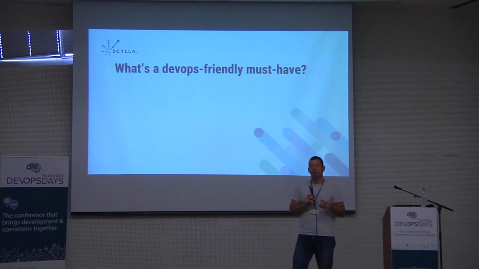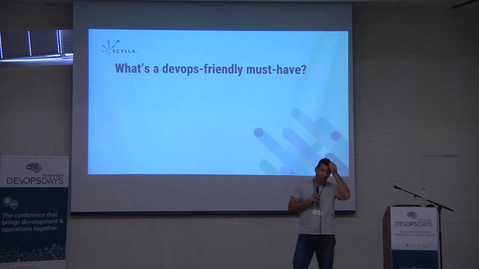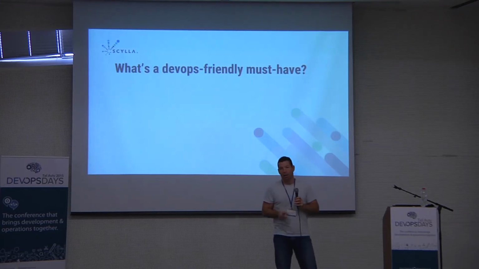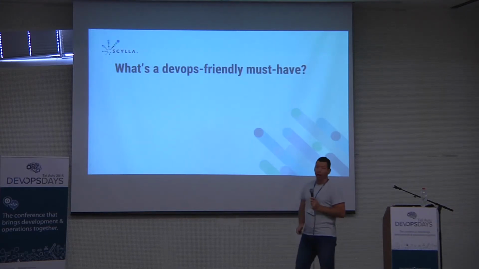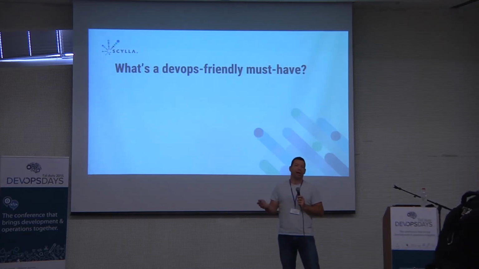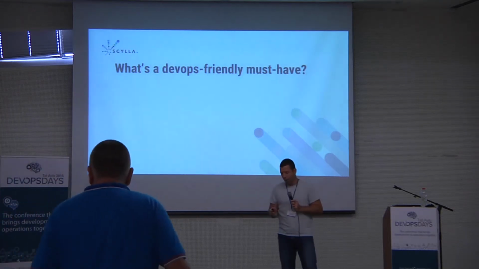So the idea is to bring up to the surface a lot of properties that a good database should follow and should practically serve you as a DevOps in your day-to-day lives. So that's the idea. And before we get into talking about databases, let's talk about what DevOps must have in general.